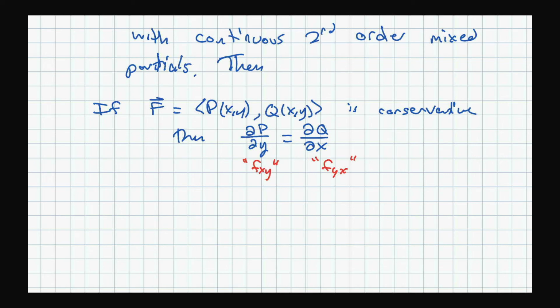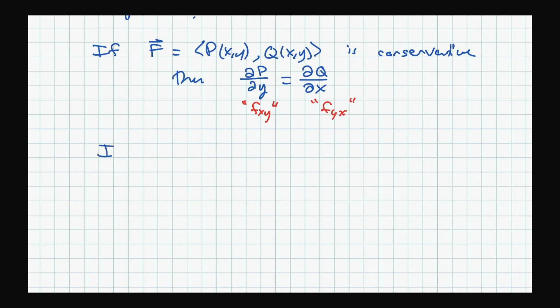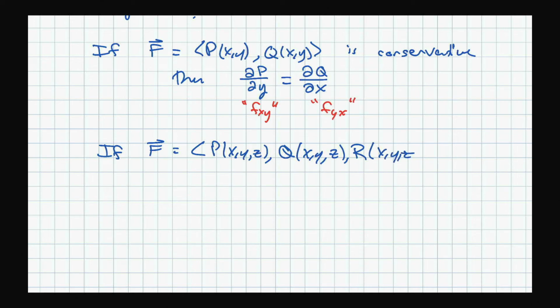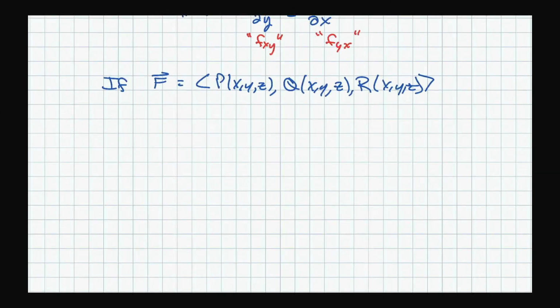Now in 3 dimensions, it's a little bit more complicated. So if f is p of xyz, q of xyz, r of xyz, then you still have the same kind of theorem, but there's just three different things that could be equal, because there's fxy, fyx, fxz, fzx, fyz, fzy, whatever, there's six.